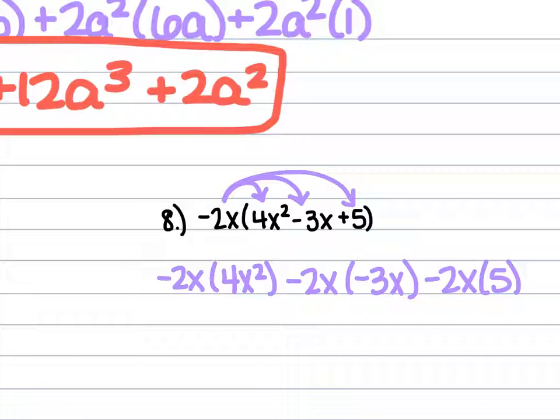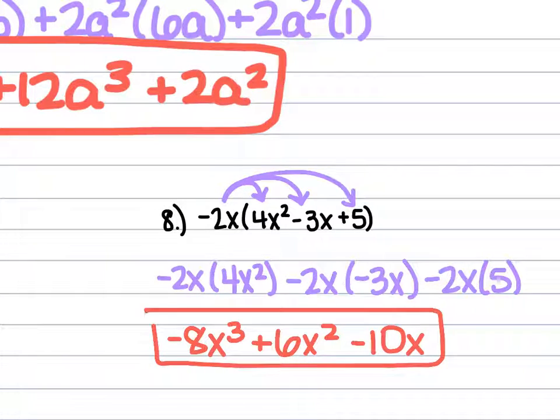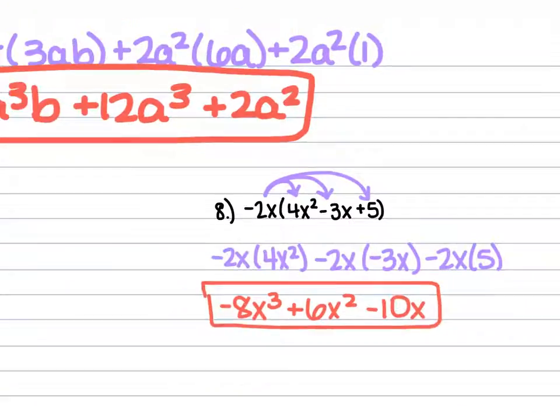So we have negative 2x times 4x squared is going to give us a negative 8x cubed. The negative 2x times negative 3x is a positive 6x squared. And then the negative 2x times 5 is a negative 10x. So negative 8x cubed plus 6x squared minus 10x.